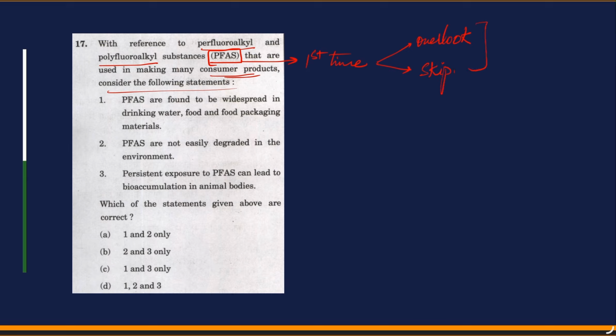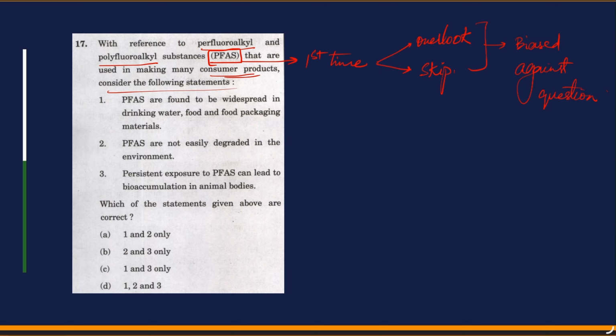So this happens when a person is biased against a question. If a candidate is unbiased, you would carefully read the question and try to correlate the question with the options.